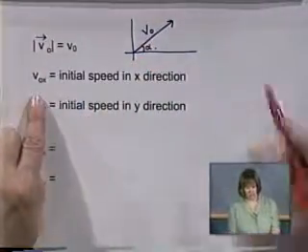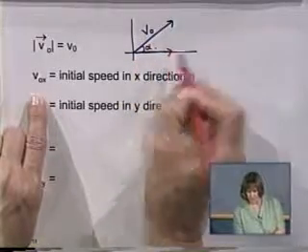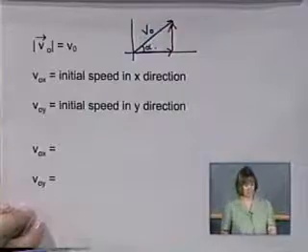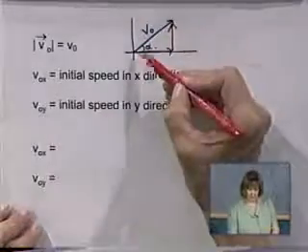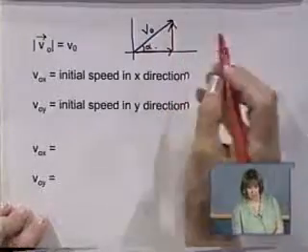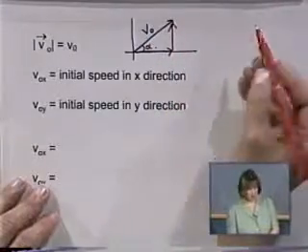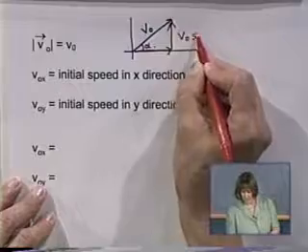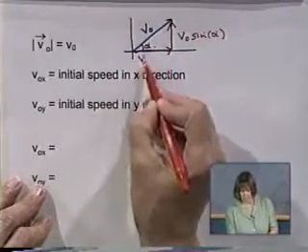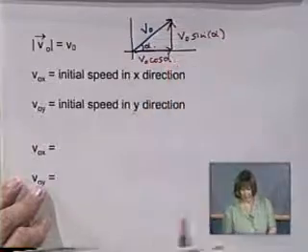Now, what I want to figure out is what the x component and the y component of this velocity vector are. I think most of you would agree, if this is my hypotenuse, the side opposite the acute angle goes with sine, so it's v naught sine of alpha. And the adjacent side is v naught cosine alpha.